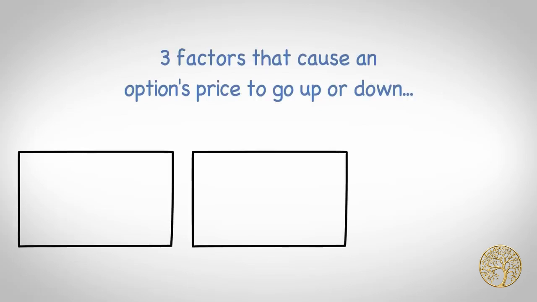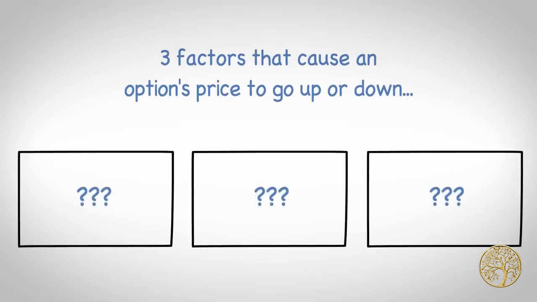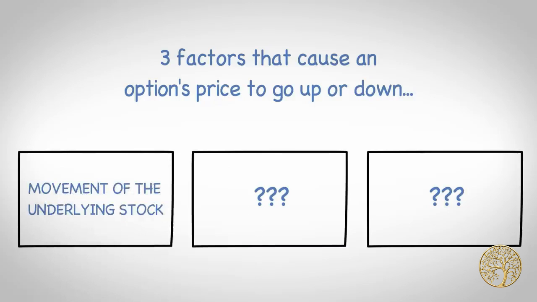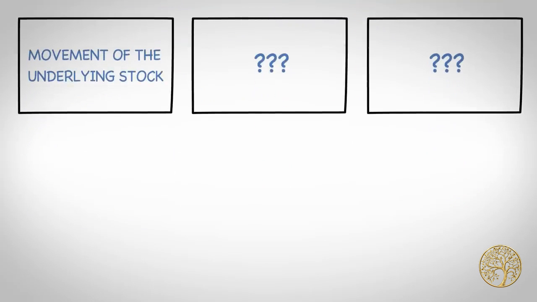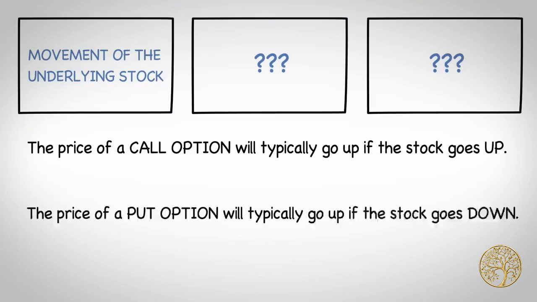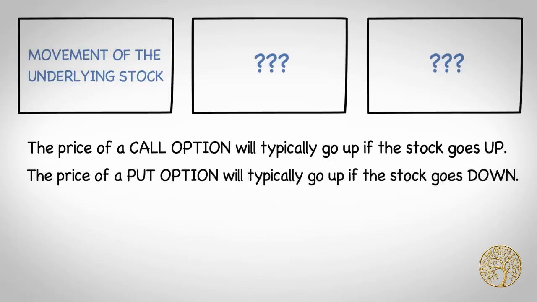Now again, there are 3 factors that would cause an option's price to move up or down, resulting in a profit or loss. The first factor that causes this we've already vaguely touched on in Chapter 1, and that factor is the movement of the underlying stock price. The price of a call option will typically go up in value if a stock's price goes up, and the price of a put option will go up if a stock's price goes down.